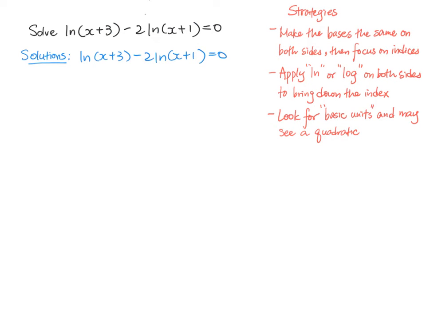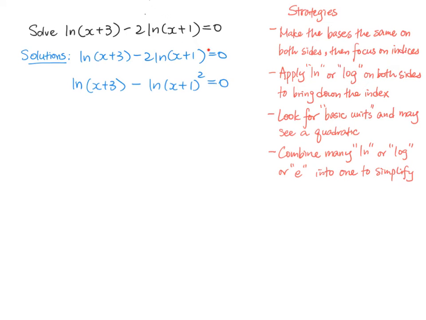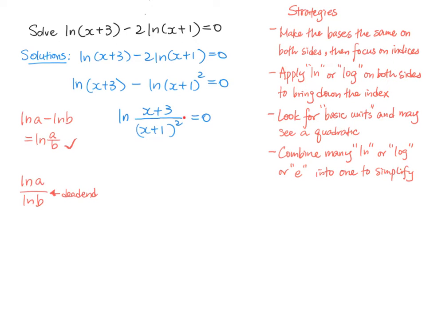Now another type of question involves ln to begin with. The strategy is to combine the many ln's into one, or combine the many e's into one. So for example, if I move this 2 back in there, I could put this together. I could do this.